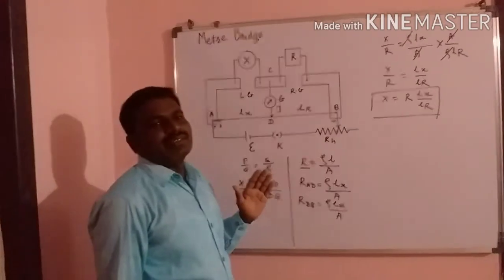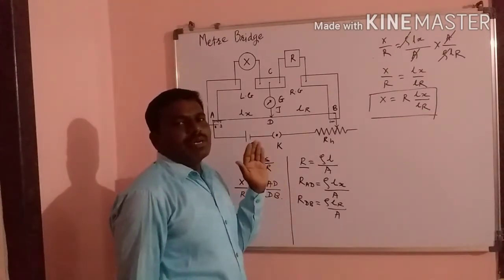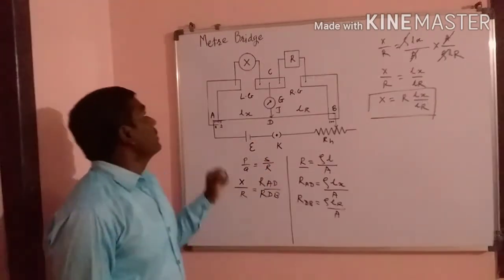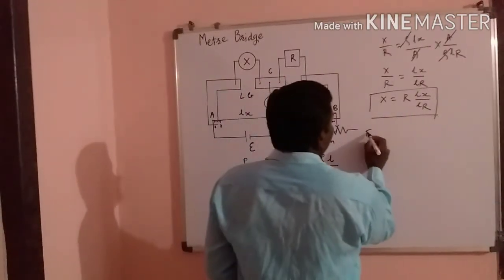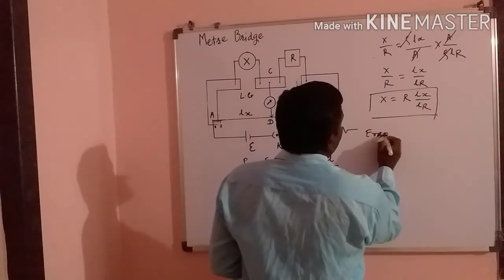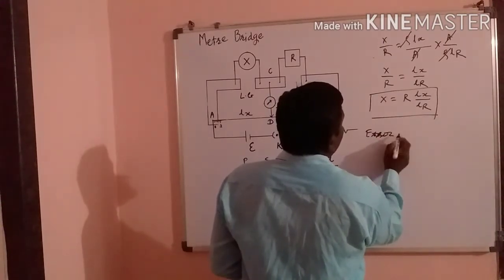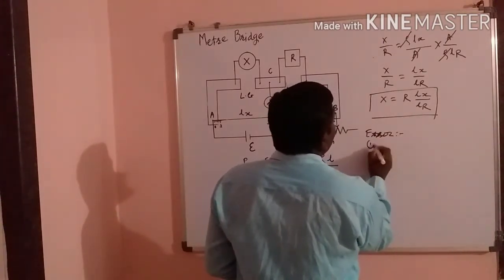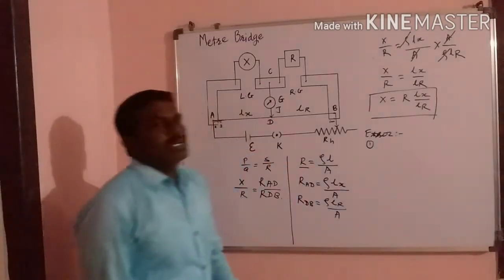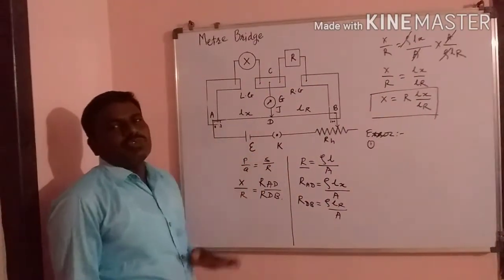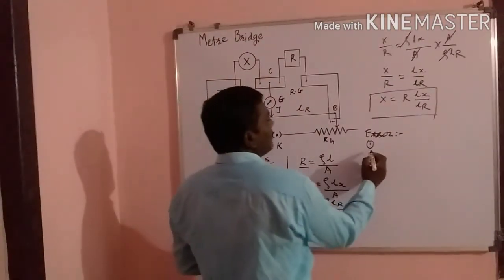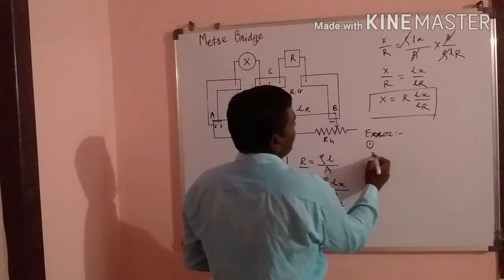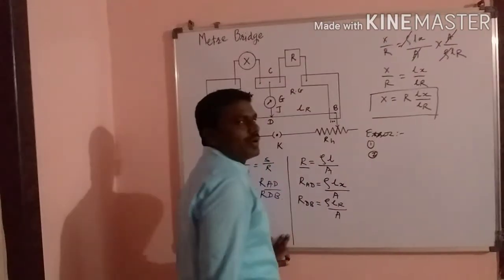Now let us see the errors of this meter bridge. The first error is that the cross section of the wire may not be uniform. The wire which is used may not be uniform.